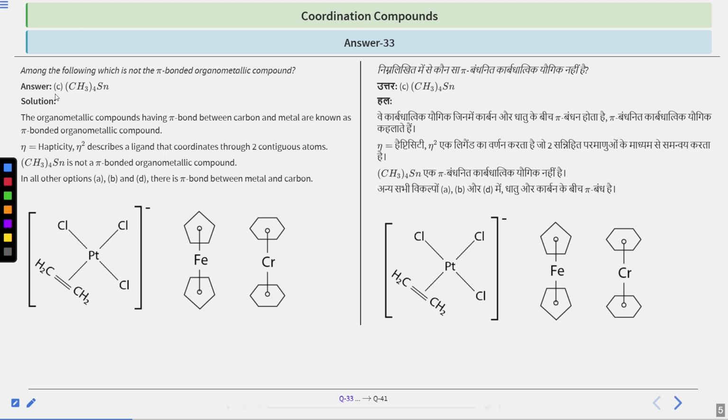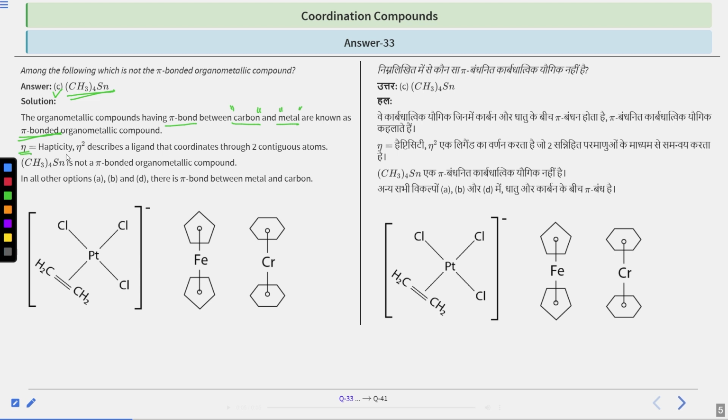So the correct answer is option C, that is (CH3)4Sn. Sn means tin. The organometallic compounds having a pi bond between carbon and metal are known as pi-bonded organometallic compounds.